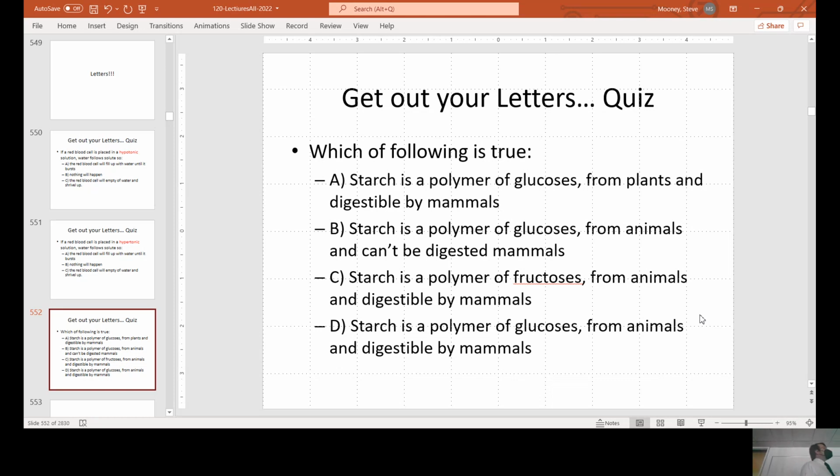So what do we know about starch? Polymer of glucoses. Where is it from? Plants. And is it digestible by animals? Yes, so that gives us answer A. So if we were to put cellulose in there, how would that change our answer? Not digestible, so we move down. Well, we don't have that answer, but it would have to be indigestible to make that the correct answer.